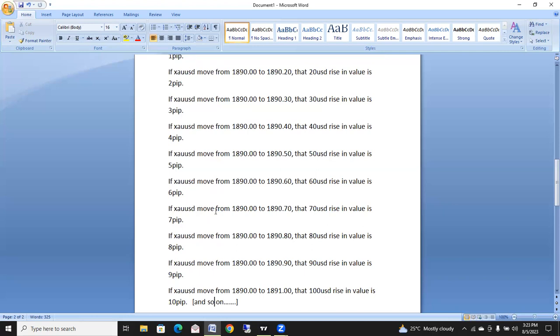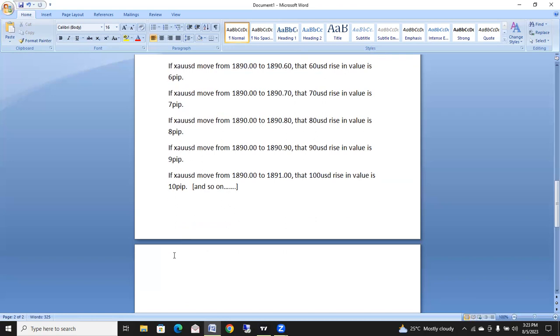So if gold moves from 1890.00 to 1890.70, that 70 USD rise in value is 7 pips. If gold now moves from 1890.00 to 1890.80, that 80 USD rise in value is 8 pips.